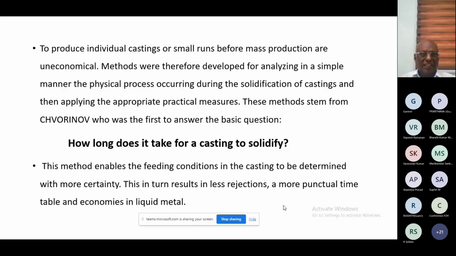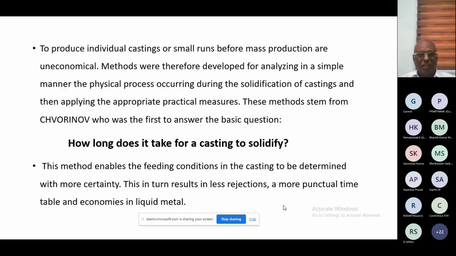To produce individual castings or small runs before mass production is uneconomical. Methods were therefore developed for analyzing in a simple manner the physical processes occurring during the solidification of castings, and then applying the appropriate practical measures.